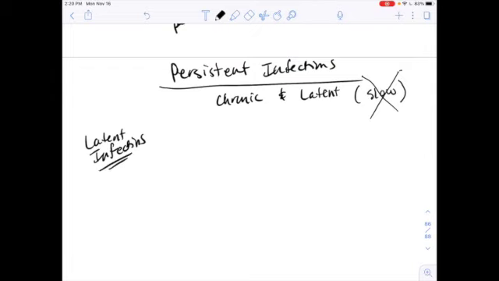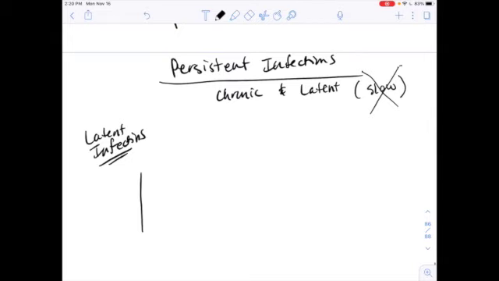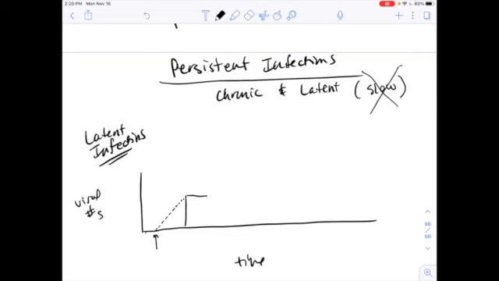With latent infections, let's draw the same graph, time over here, viral numbers over here. You get an initial infection, viral numbers come up, and you'll have a symptomatic period of time, right? And the viral numbers will come back down.